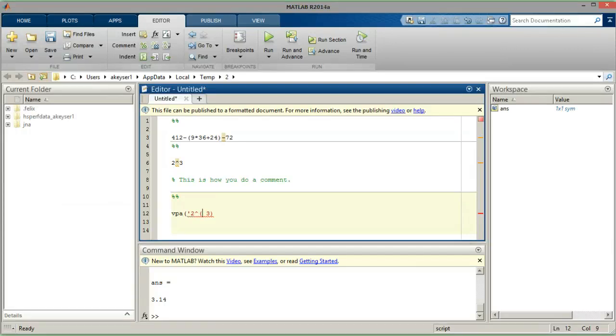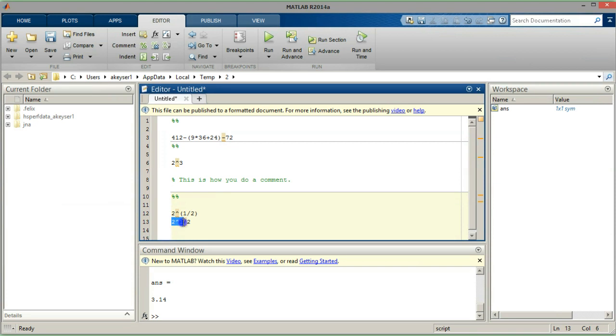So let me just demonstrate. You have to put it in like this. You have to put 2 to the 1/2. You cannot put 2 to the 1 divided by 2, because again, remember your order of operations. The computer is going to read exponent first, then division.